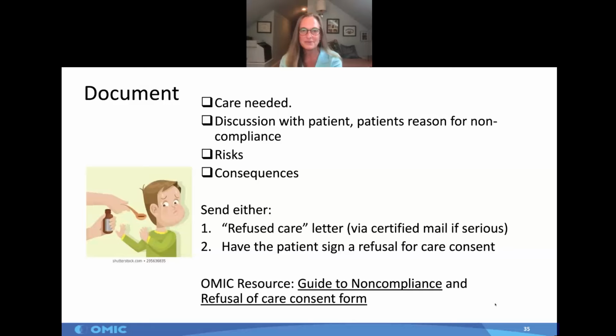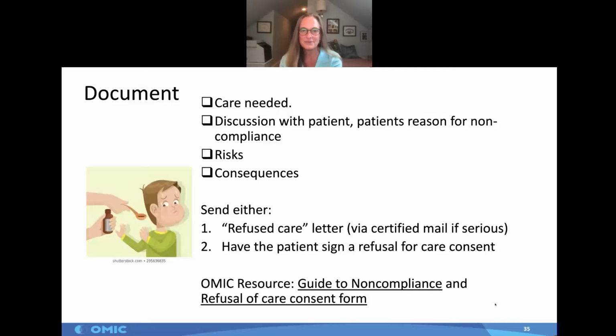So either send a refused care letter, which we have a sample of on the website, via certified mail, if serious. Have the patient sign a refusal of care consent form. The refusal of care consent form comes in handy too with elderly patients who are well into their 90s, and they're just sort of done with having any more serious eye treatments.